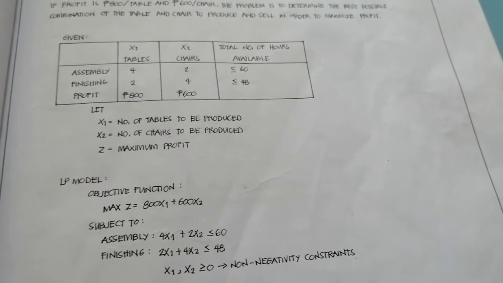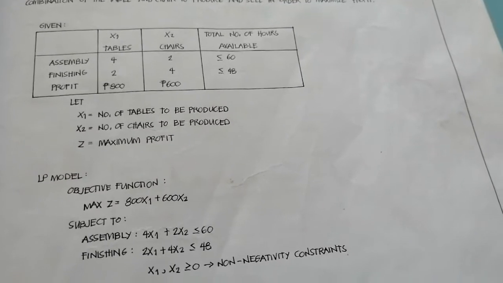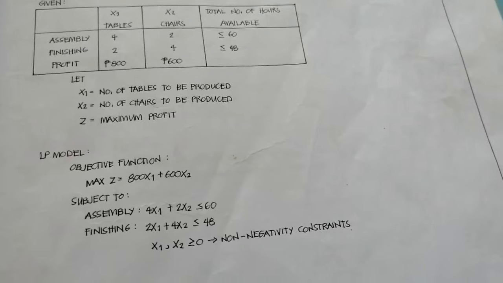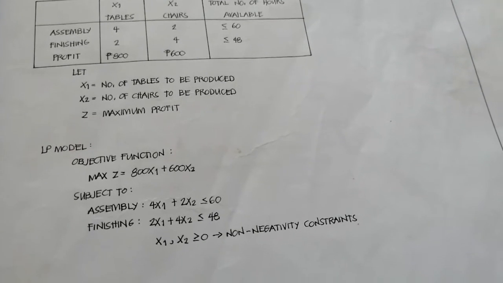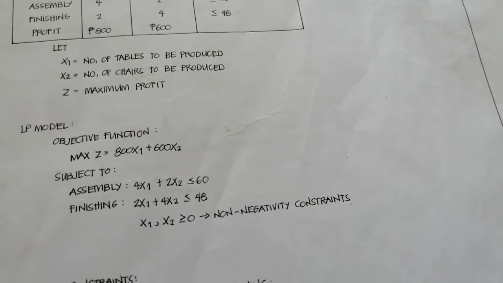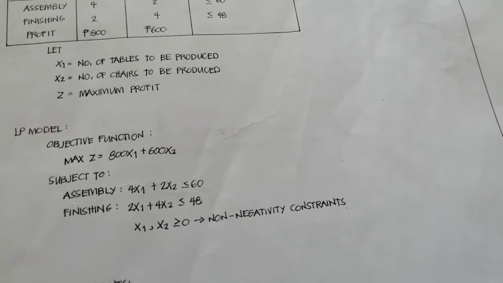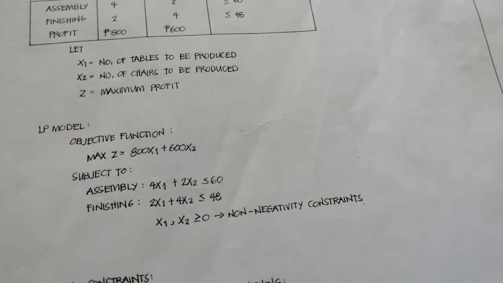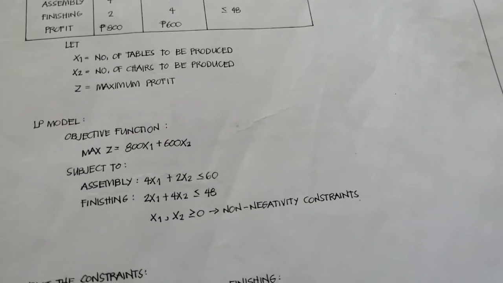For the assembly, as seen in the given, we have 4x1 plus 2x2 is less than or equal to 60. And for finishing, it's 2x1 plus 4x2 is less than or equal to 48 hours. And of course, do not forget to write down the non-negativity constraint, which is your x1 and x2 should be greater than or equal to 0.